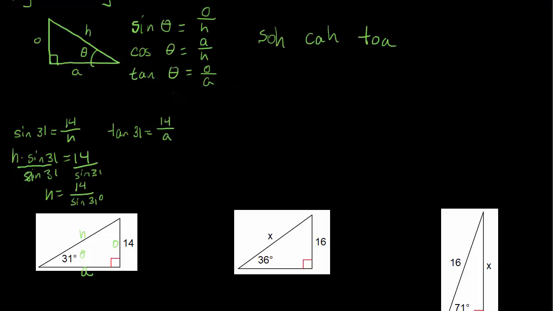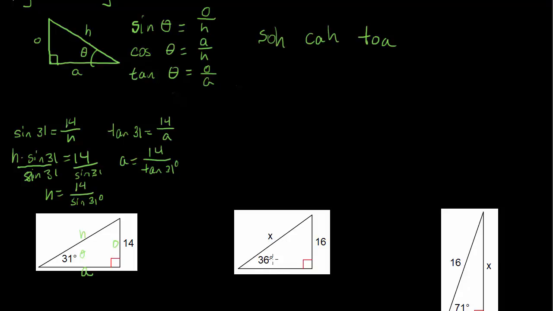If you want to take a shortcut, you can just flip these. So a is equal to 14 over tan 31. I'm not going to calculate the value, but it would give me these two side lengths. At some points you may be finding a missing angle given some side lengths, but we're going to focus on finding these missing values.